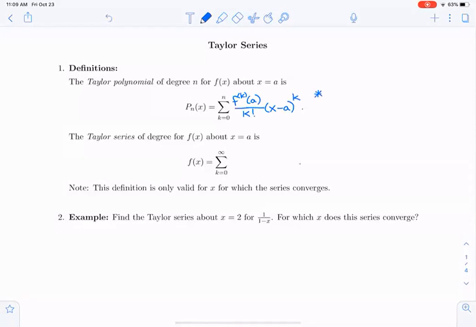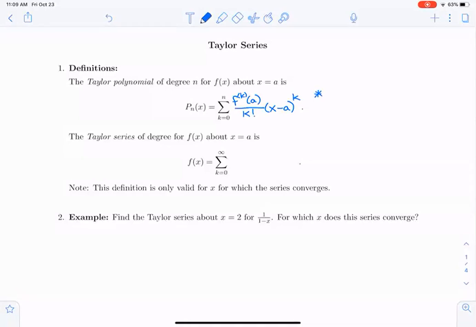And the basic idea behind this Taylor polynomial is that f of a is equal to the polynomial evaluated at x equals a, and then every derivative of f at x equals a matches every derivative of the polynomial at x equals a.